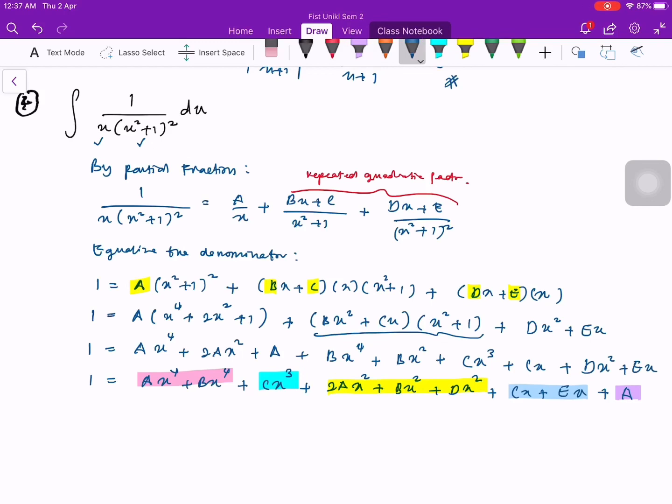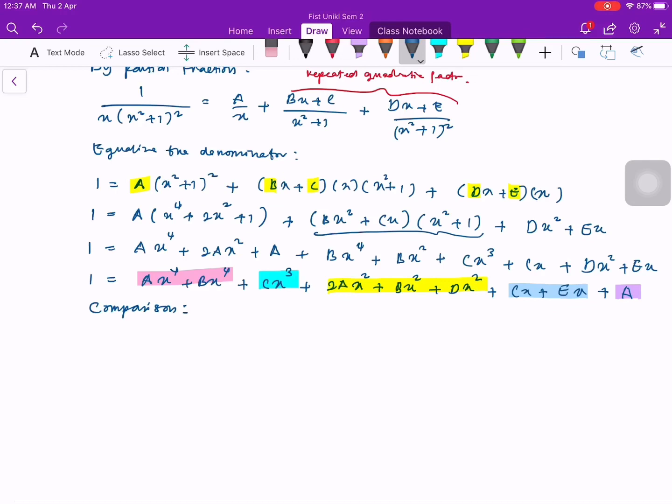So by using comparison, saya start with comparison with coefficient of x to the power of 4. Saya akan dapat A plus B is equals to 0. So this will be my first equation, and then saya compare coefficients of x cubed. Saya akan dapat C, which is equals to 0.